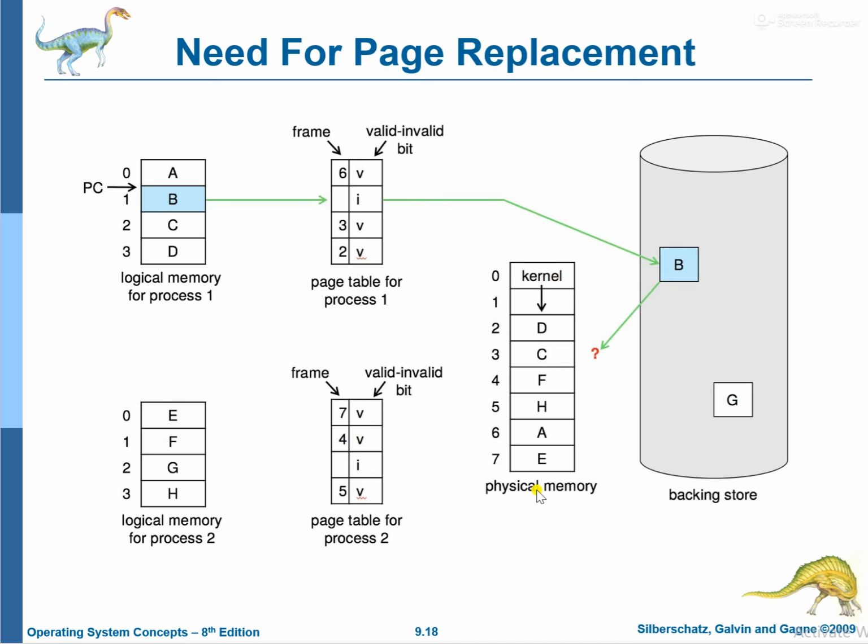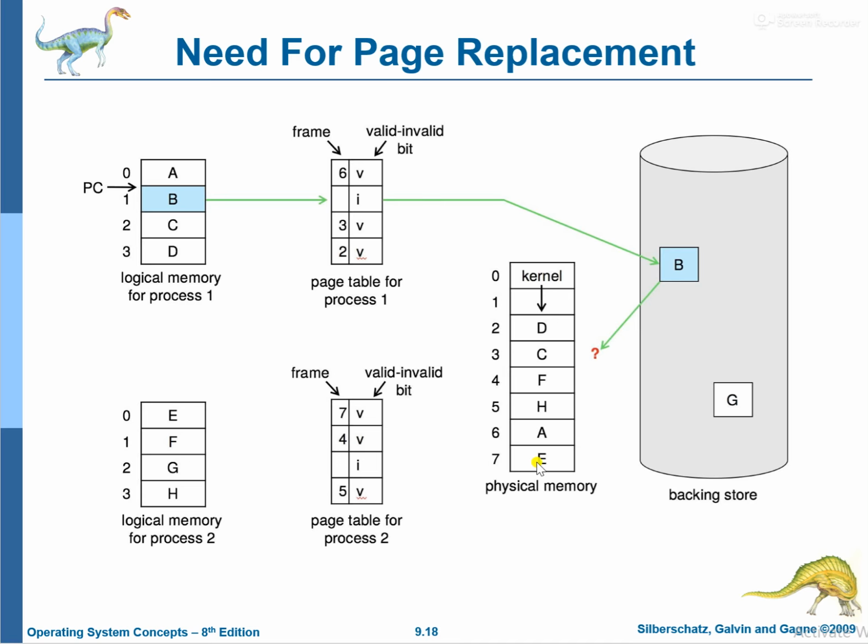But when we come back to the physical memory, we can see over here there is no free frame available to bring B into the main memory. So now what to do? Here there is a problem that we need to solve, and this problem is solved with a page replacement algorithm. We need to look for different page replacement algorithms which help us find a free frame.